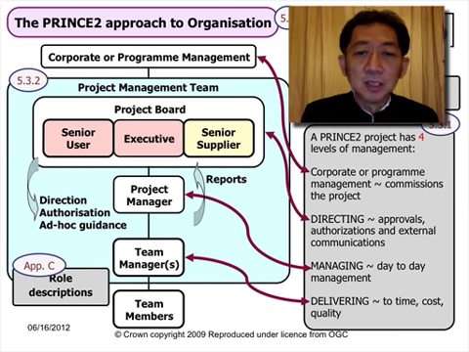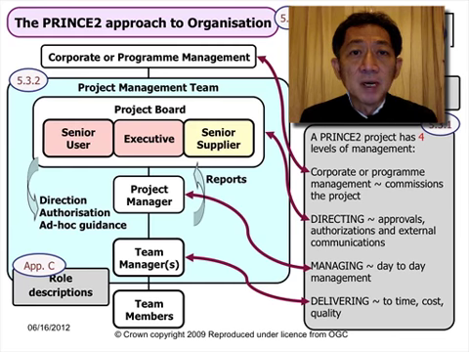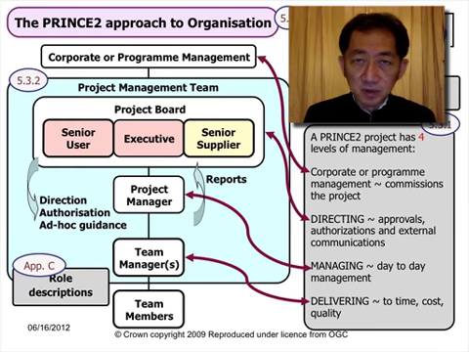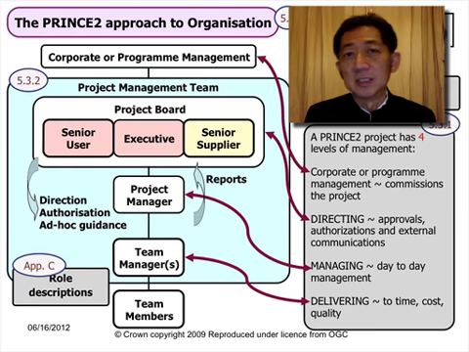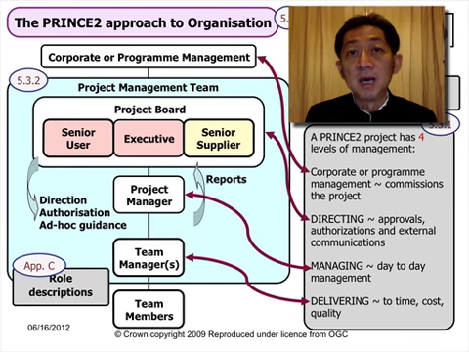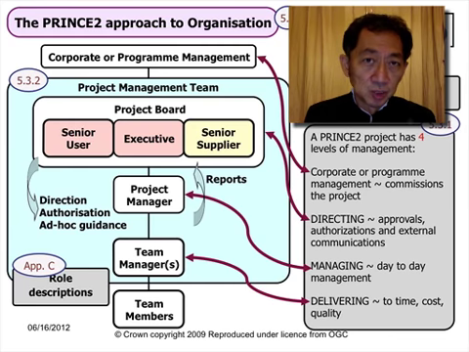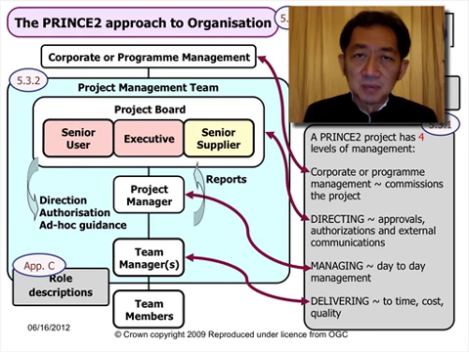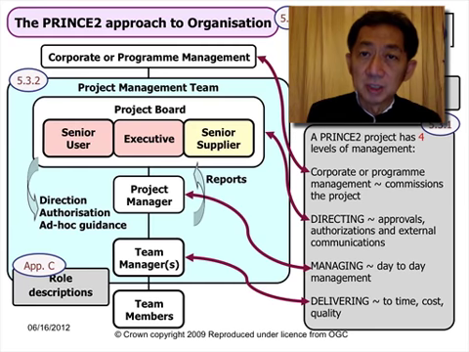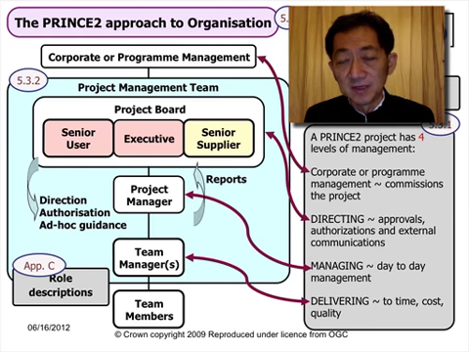So roles may be combined where appropriate. The general guideline is to avoid any conflict of interest situation. For instance, senior user and executive positions may often be combined, but usually you would not combine the senior supplier and the executive, or the senior supplier and the senior user positions, for obvious reasons of conflict of interest.